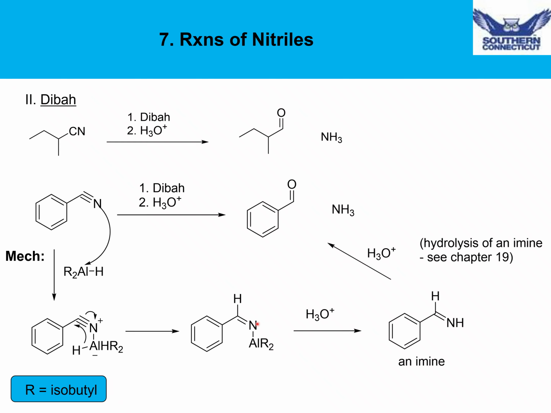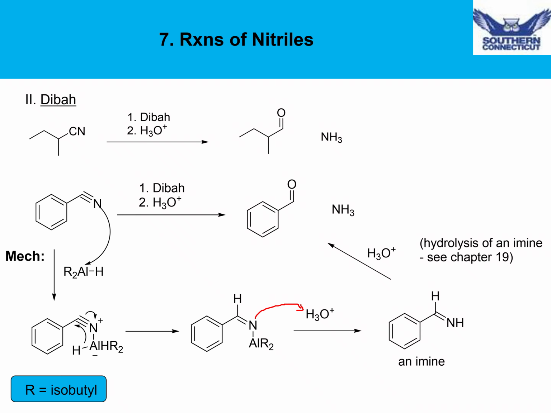This intermediate will now be protonated, so the nitrogen here, which really has a negative charge on it, will attack this water or aqueous acid and be protonated and turn into an imine.